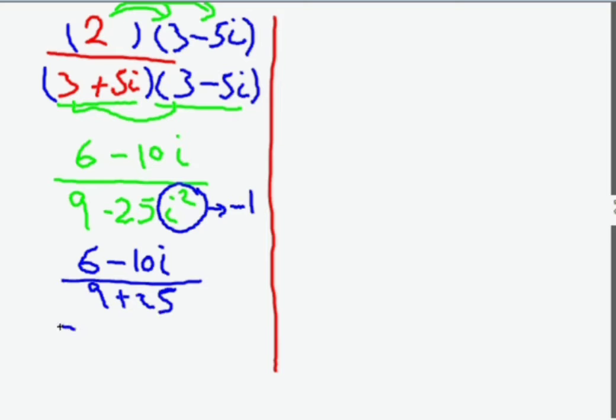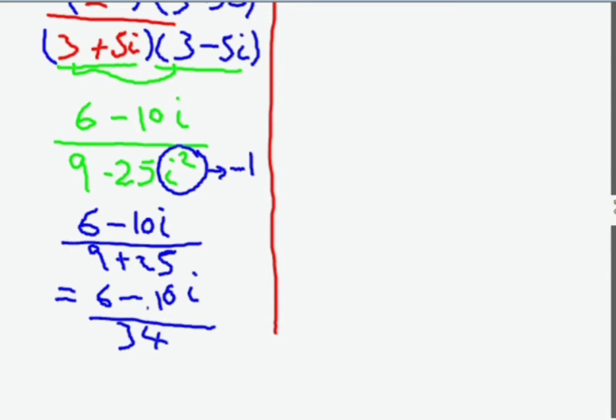And also that will be 6 plus 10, sorry, it's 6 minus, it's not plus, we didn't change any sign up there. It's minus 10i over 9 plus 25, which is 34, and you can also use the distributive property for division here.